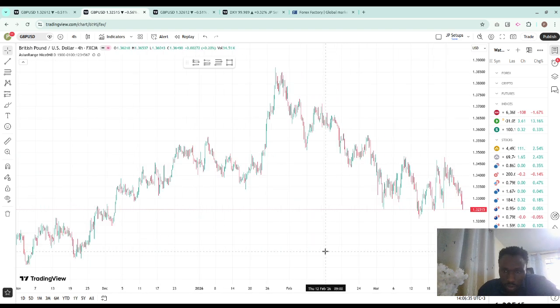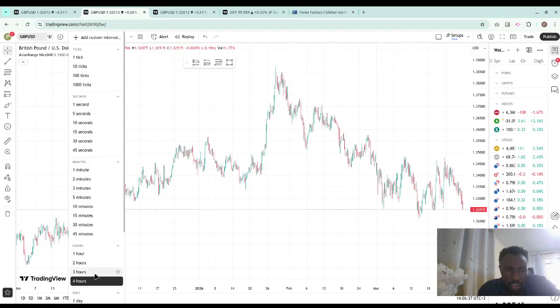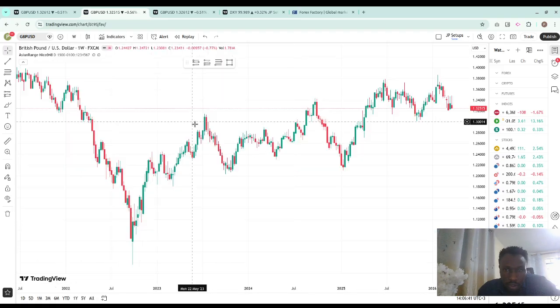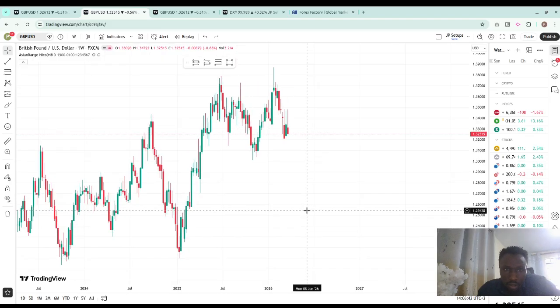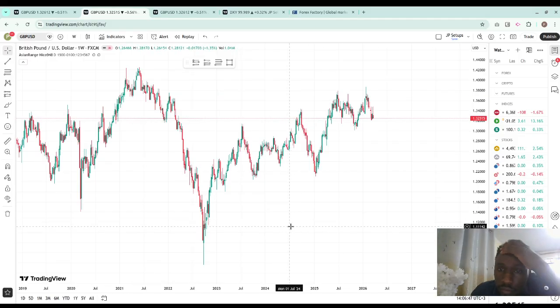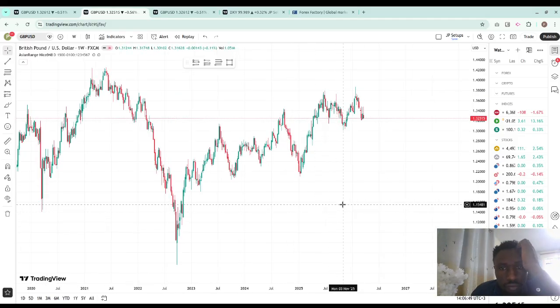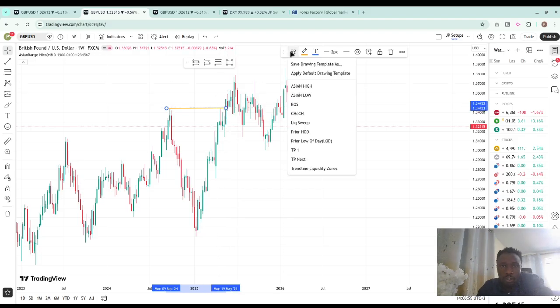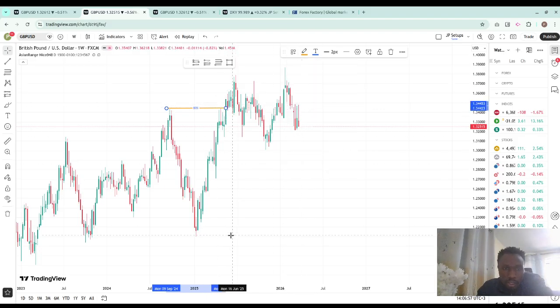So that is the 4 hour time frame. Let's start with the weekly on DXY. On DXY we have these points, break of structure to the upwards, and at the moment we are in kind of a retracement.